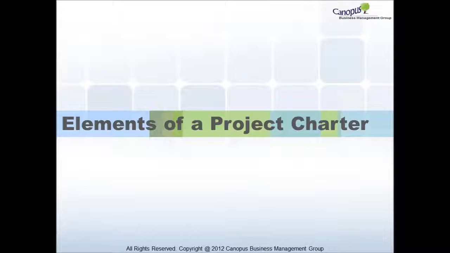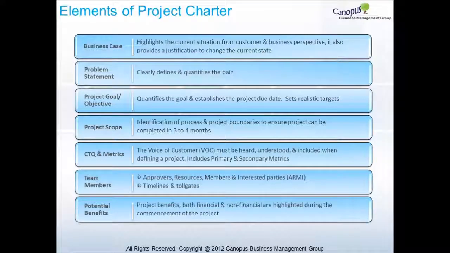In this topic, let's discover more briefly about the elements of a project charter. Let's now take a look at some of the elements of a project charter. A business case highlights the current situation of an organization from a customer and business perspective.